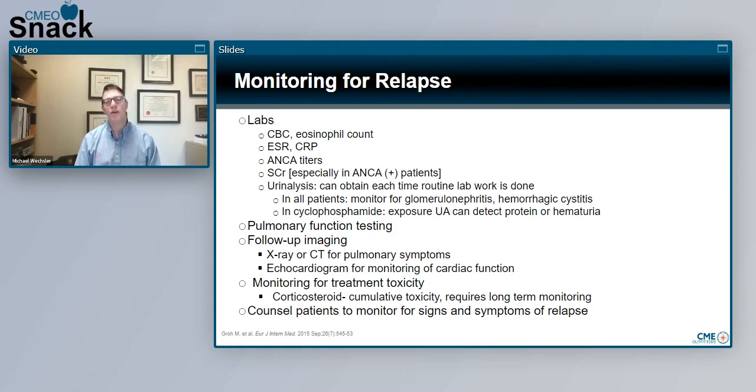And depending on what other organs are involved, I may periodically also monitor their underlying disease with other imaging techniques. So if they have any new shortness of breath, I'll get a chest x-ray. If they have a history of prior infiltrates on chest x-ray, I might get a CAT scan. I might monitor cardiac function with echocardiogram and or cardiac MRI, depending on the circumstances.